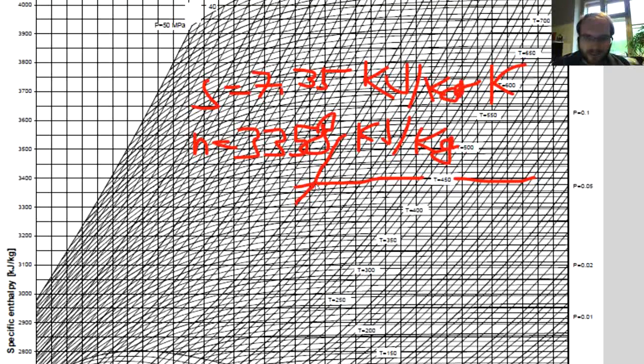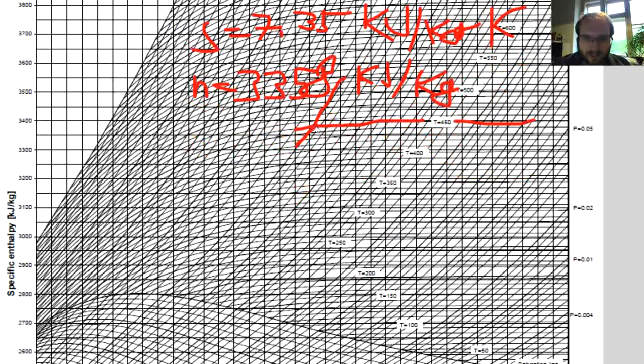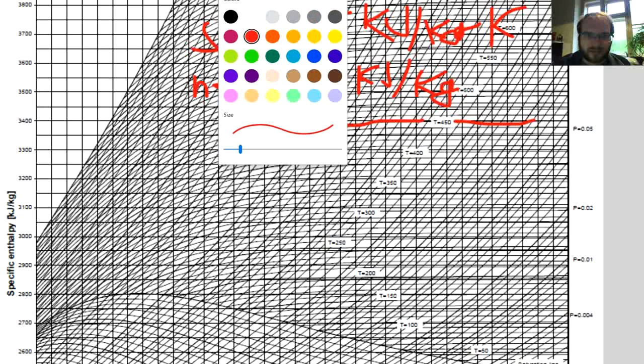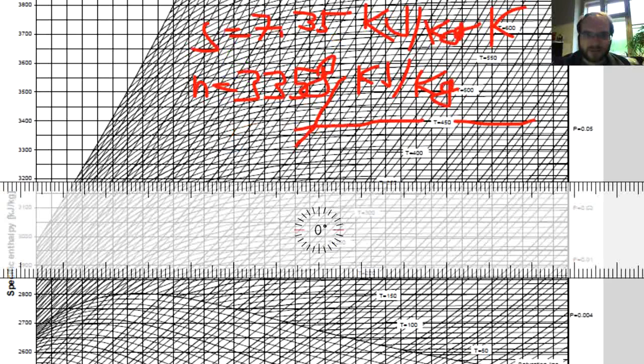Now how will the expansion look and what will be the state at the turbine outlet? Since the turbine is ideal, that means the change is reversible adiabatic, which means isentropic. So in this diagram it will be a vertical line going down.